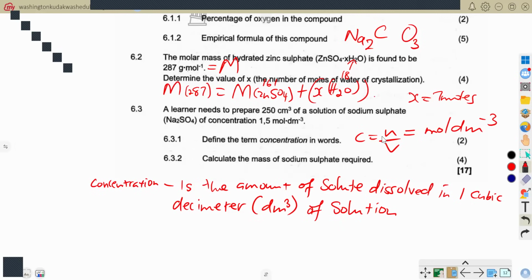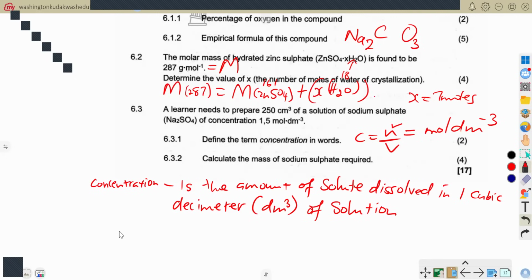So now calculate the mass of sodium sulfate required. How do I find the mass, being given the volume and the concentration? The best way is to manipulate this equation to find the number of moles. After finding the number of moles, I later relate it to mass.